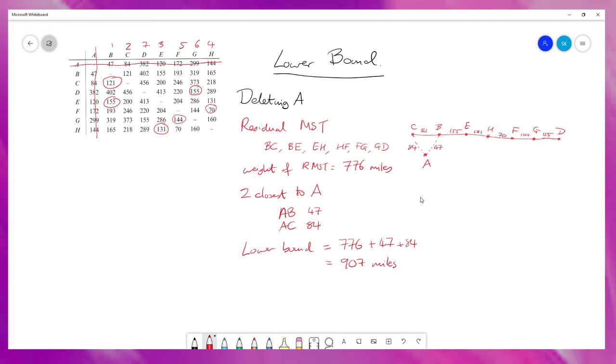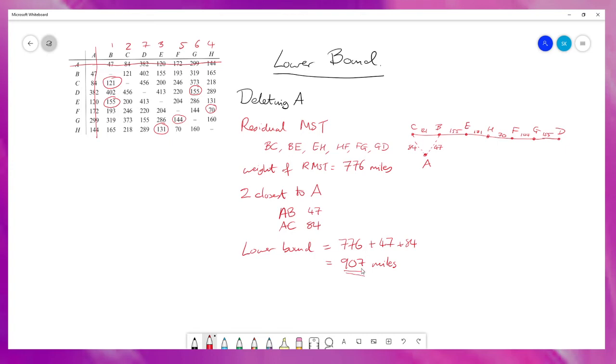So that's why it's quite useful to draw it, because a question could be: explain how you know that this is the best option. Well, it's because my diagram, my lower bound, forms a tour. This one doesn't, so this is not a feasible solution. The length of the optimal tour is not going to be 907, but we know it's going to be bigger than 907, which is the purpose of this.